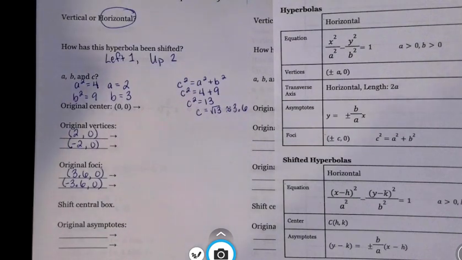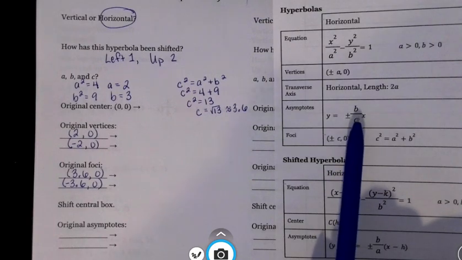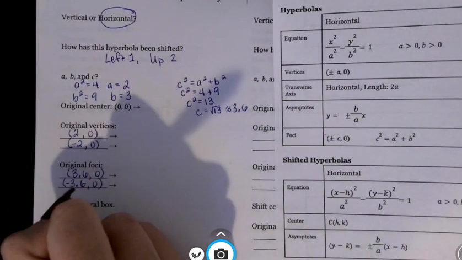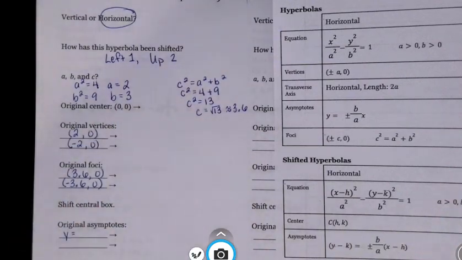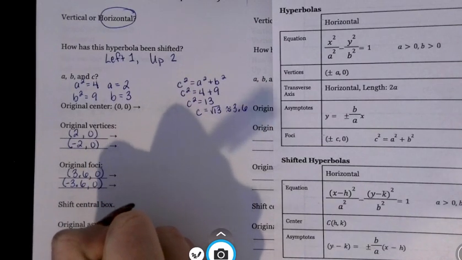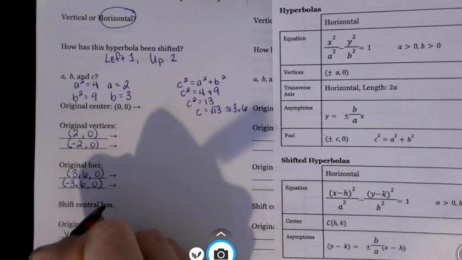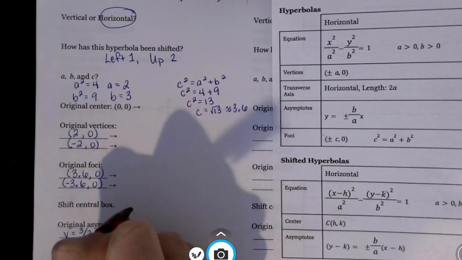And then we have our original asymptotes. So our asymptotes are at y equals the positive and the negative version of b over a times x. So I'm going to do y equals, my b was 3 and my a was 2, so I have 3 over 2x. And then I need the negative version, so y equals negative 3 over 2x.